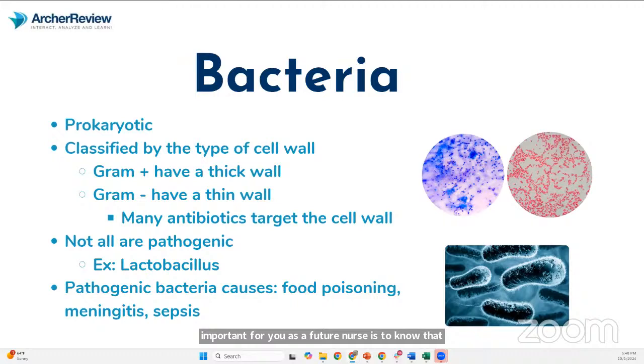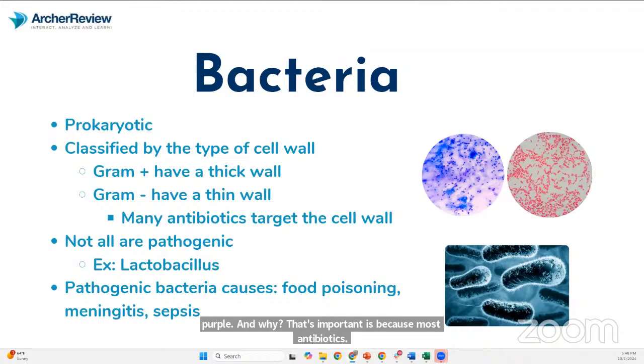If they have a thick cell wall, when they stain them and put them under the microscope, they will be that purple image on the screen. If they have a thin cell wall, that's a gram negative, they will be stained and they'll look pink instead of purple. And why that's important is because most antibiotics target the cell wall. And so that's an important aspect for you to know as a future nurse.